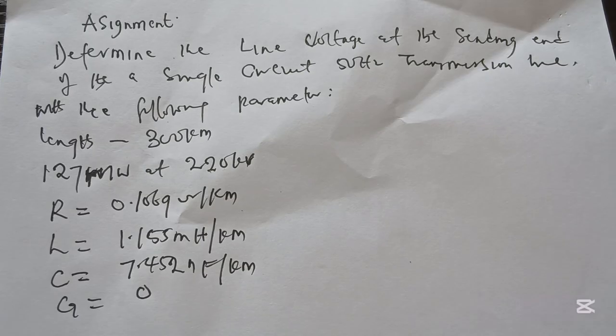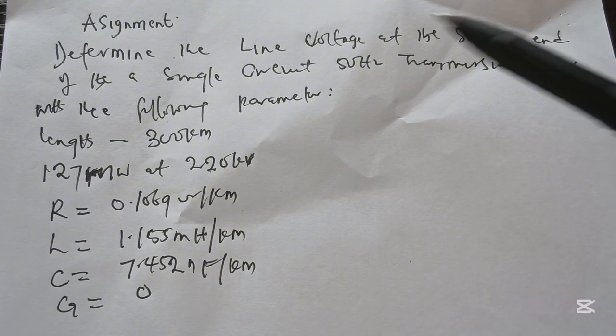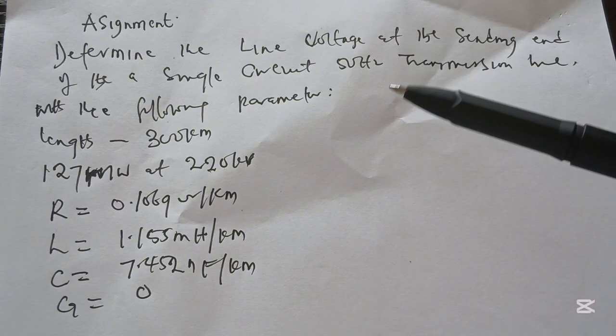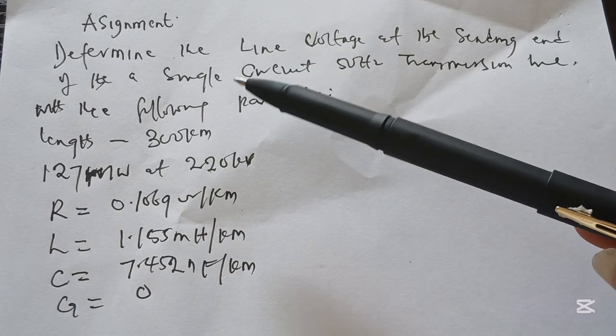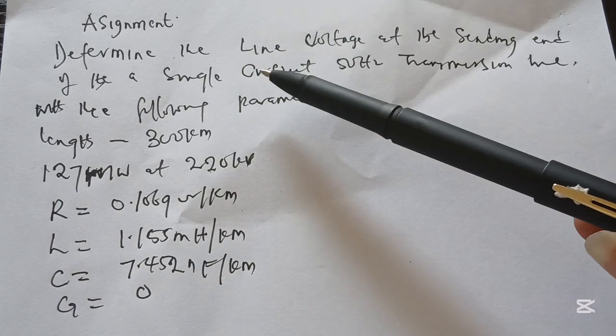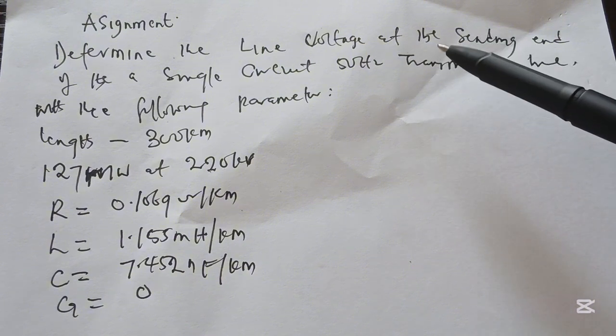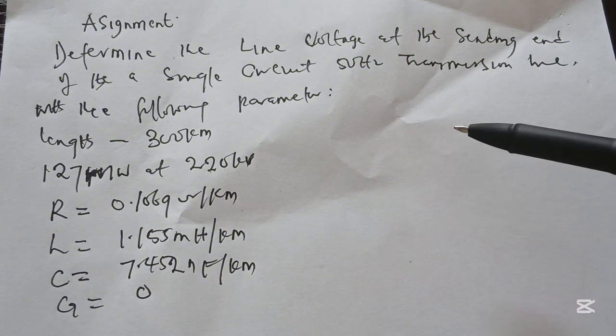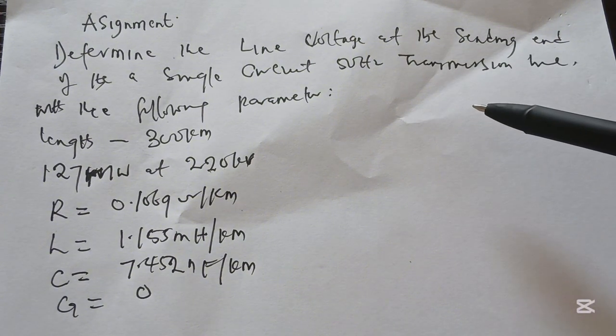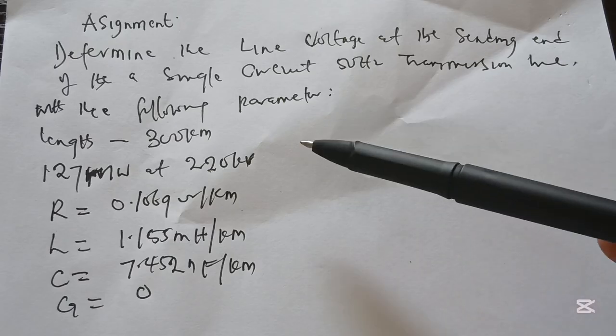I want my viewers to attend to this question and write the answers in the comment section. We are looking at this assignment question: determine the line voltage at the sending end of the single circuit 50 Hz transmission line with the following parameters.